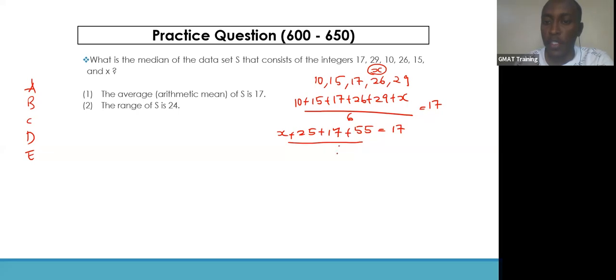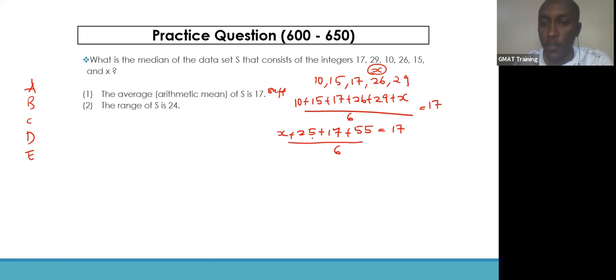If you find the value of X, you can put it in this set, arrange it once more, and find the median of that set. So it's solvable, and therefore statement 1 is sufficient. But you can continue solving it and see where it leads us.